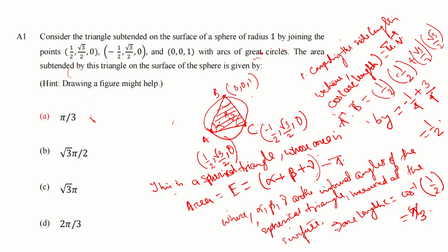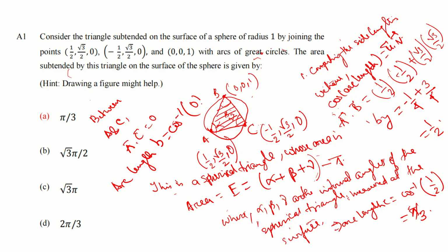Between A and C, we can write A dot C equal to 0. Hence, arc length B equals cos inverse 0, which means pi by 2.